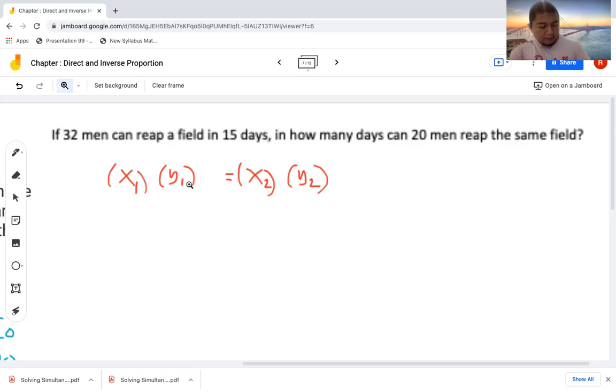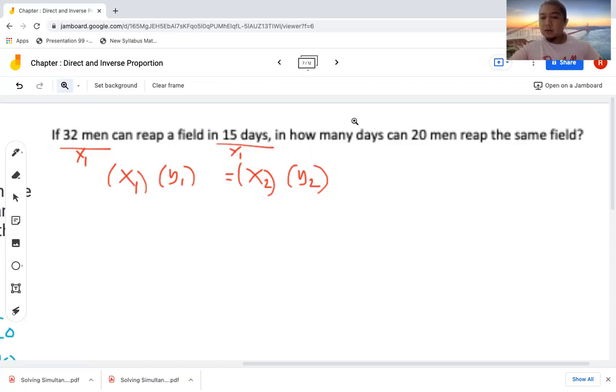Let's say, for example, I use x sub 1 to represent the units for the men, then the number of days will be represented as y sub 1. So the first value of x represents x sub 1 and the first value of y represents y sub 1.